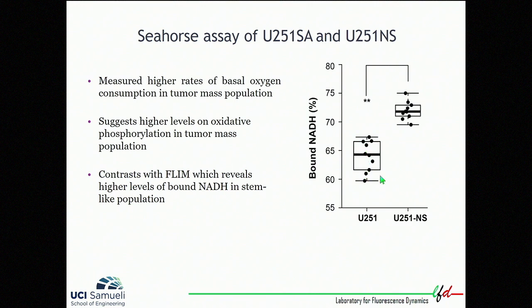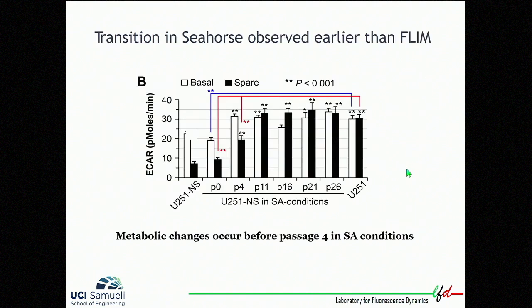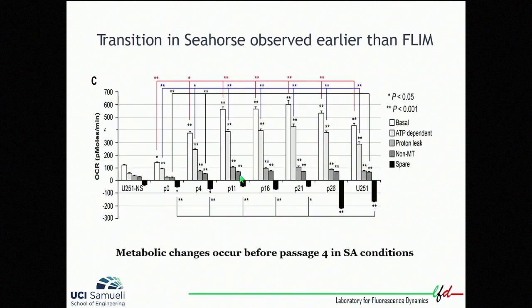So what we're concluding here is that measuring higher rates of basal oxygen consumption in tumor mass populations suggests that higher levels of oxidative phosphorylation in tumor mass populations is not really explaining why we see these changes in our FLIM analysis. And here you can see the transition in the Seahorse is happening exactly at passage number 4.